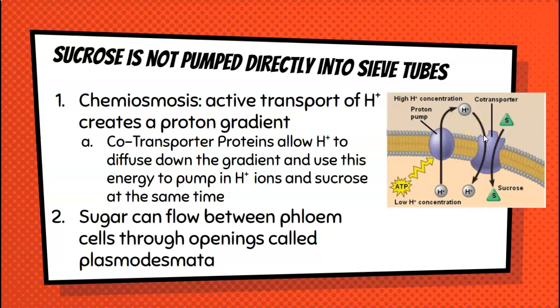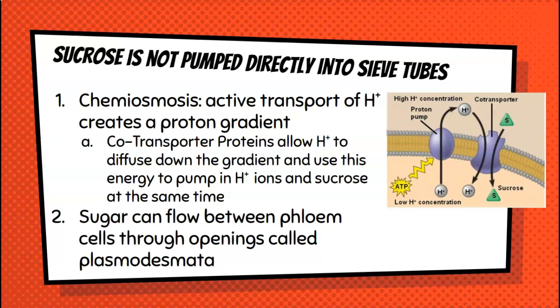It's like, hey, yeah, sure, I'll join you. And when this gradient starts to happen and the hydrogen ions get pushed through and back and through and back, the sucrose and the sap that's formed from the phloem come back as well. And that's how the sap moves from the source into the phloem.